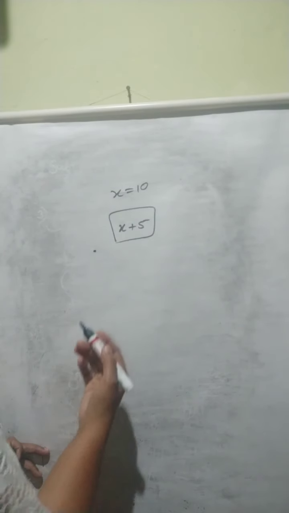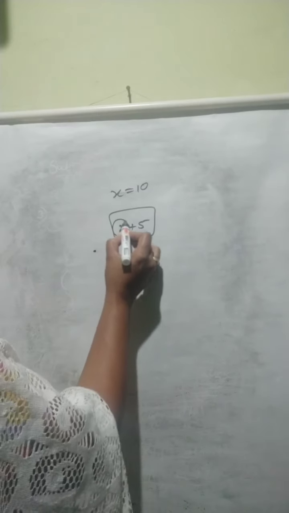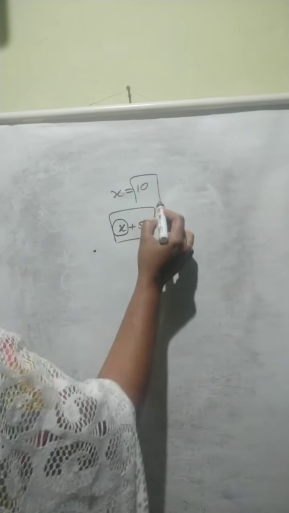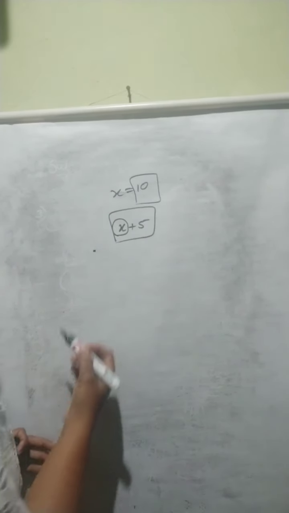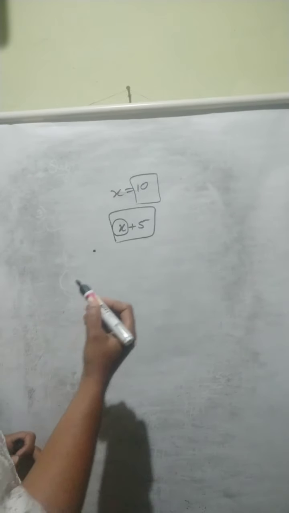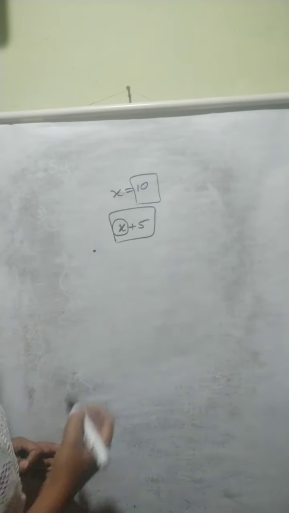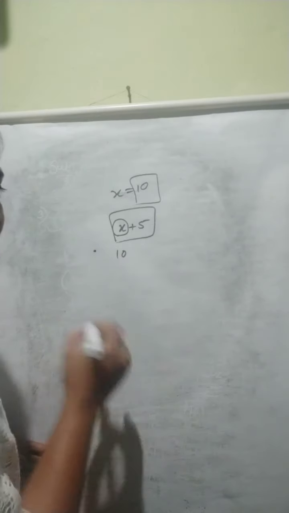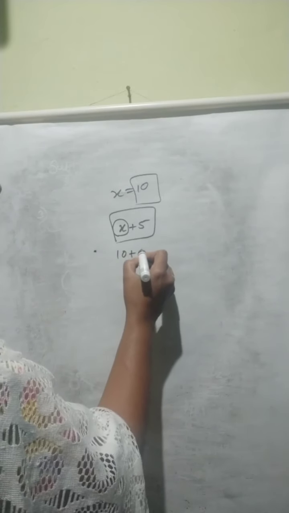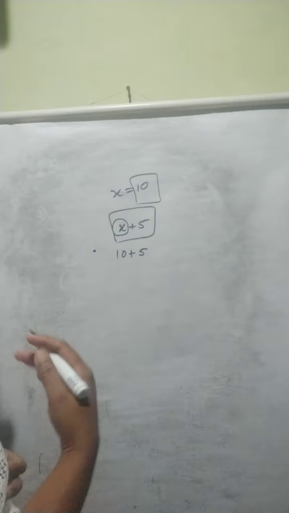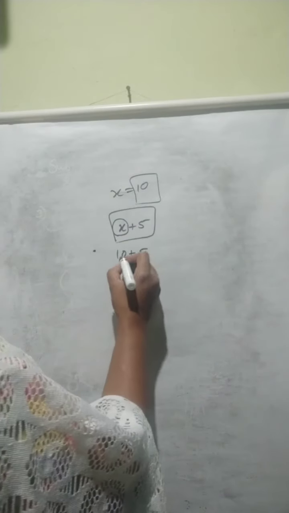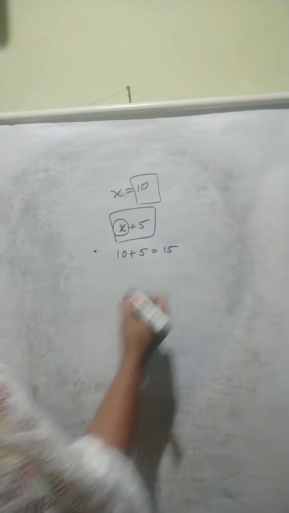Here we have to substitute the value which is given for this variable. Here the variable is x. The value of x is 10. So substitute that value and write the remaining constant or whatever it is. Then 10 plus 5 is equal to 15.